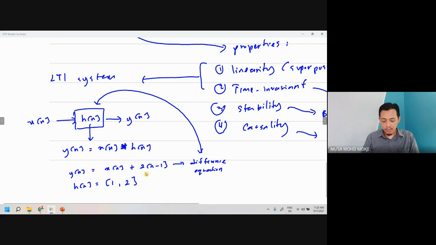So this is where we have two options on how to get y[n]. You can get y[n] by solving this equation: x[n] plus 2 x[n-1]. If you want to find y[10], you should find x[10] plus 2x[9].